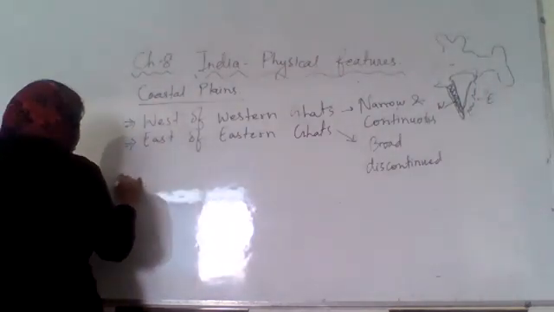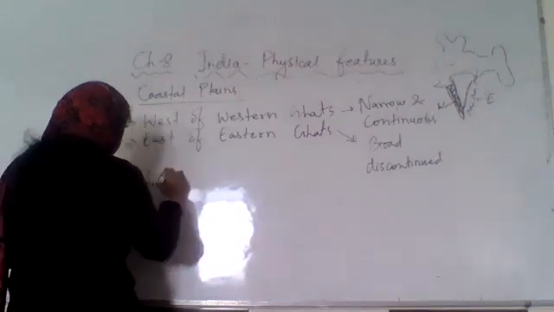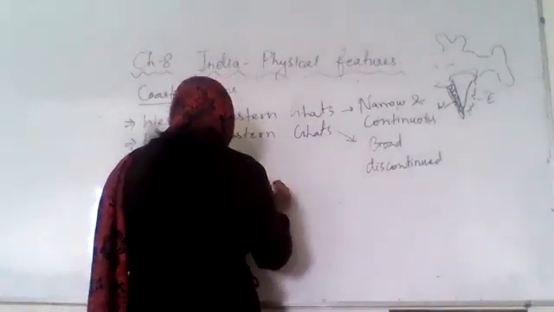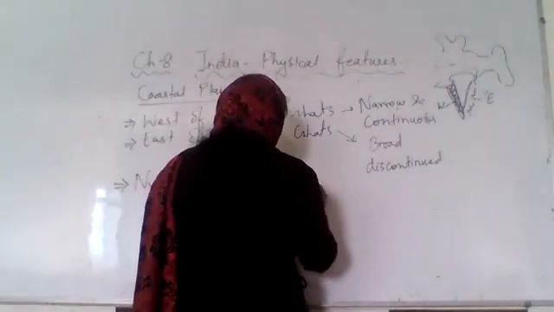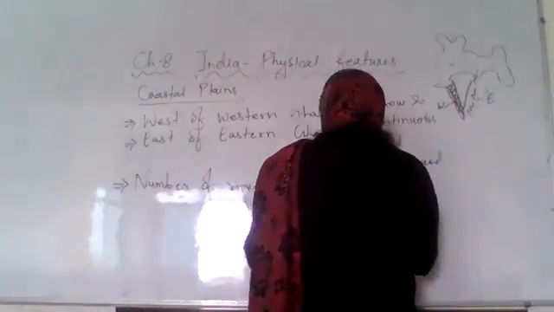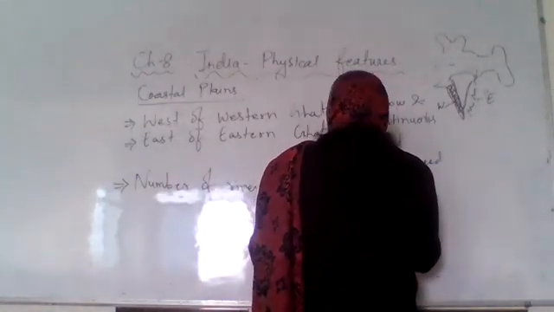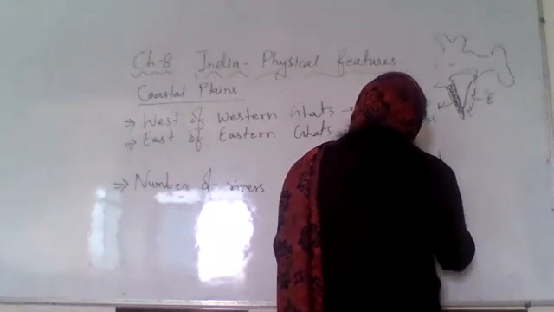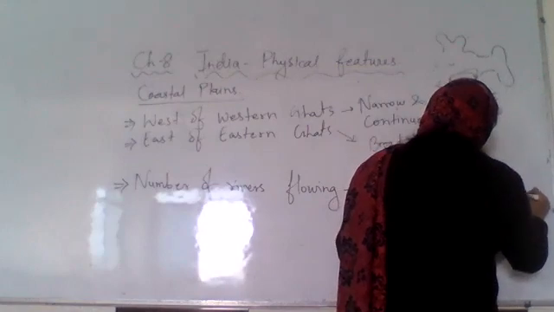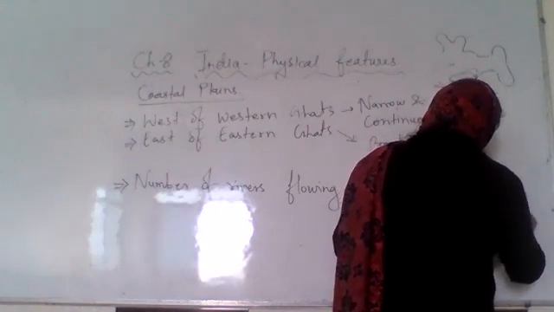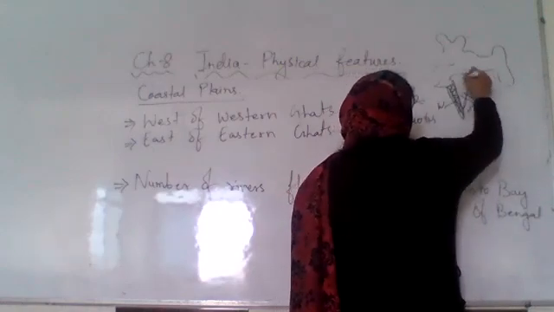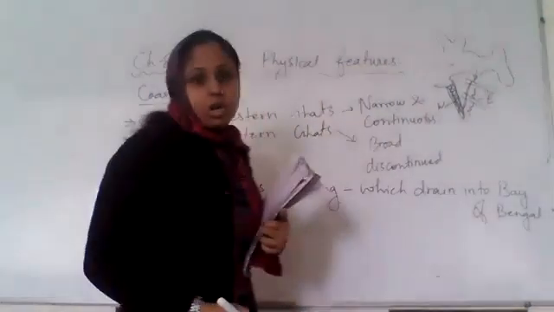Then you have a number of rivers flowing which drain into the Bay of Bengal. So there are a number of rivers coming from here and draining into the Bay of Bengal.